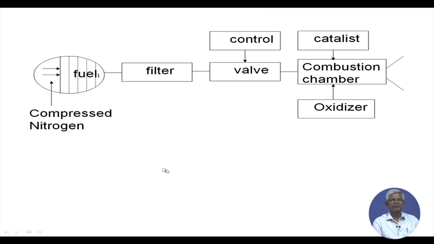Now there is a brief block diagram of that. The fuel is there in a tank and compressed nitrogen is pressing the fuel out, and it goes through a filter, and then it gets into a valve which controls how much fuel has to be expelled, and then there is a combustion chamber where this fuel is mixed with a catalyst and oxidizer, and it goes out to the nozzle.